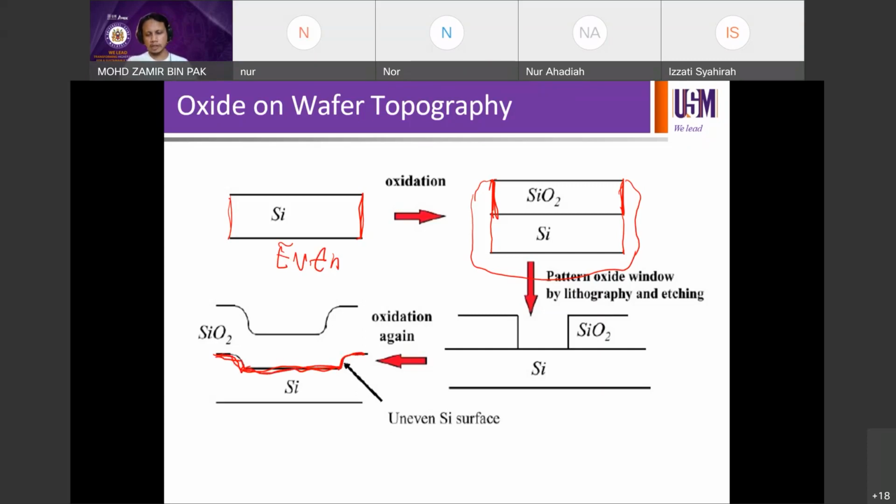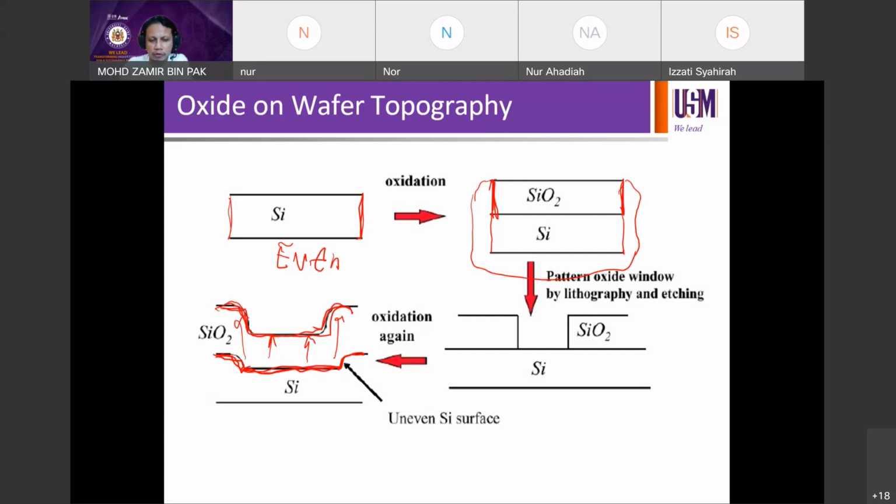The way the oxide grows is it's going to follow your underlying topography. That means the growth rate is similar at all locations on the silicon wafer. So that's why you end up with something like that. It will just follow the topography of the underlying silicon, right?